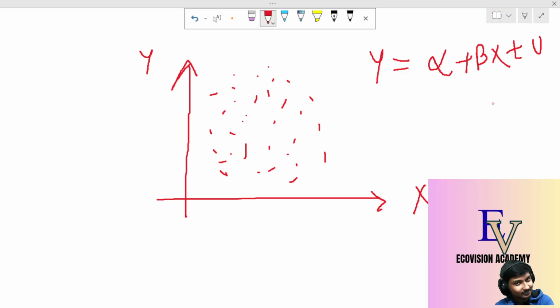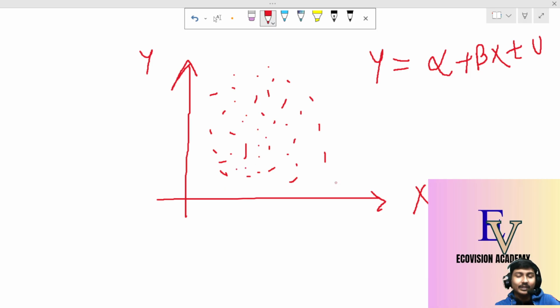Are you sure it will be 0? Spurious regression? Are you sure? No, I am not going for a regression. I am just asking what type of relation exists between y and x. Near equal to 0.